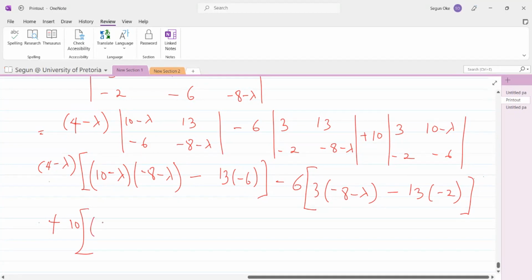It will be 3 multiplied by minus 6, minus 10 minus lambda in bracket. Is minus 2 again, right? Yeah, minus 2. 10 minus lambda. Minus, let's say plus 2, right? Yes. 10 minus lambda. That's all.